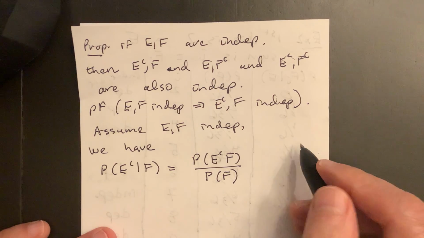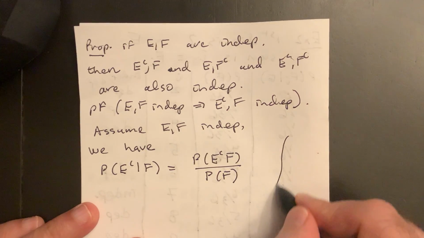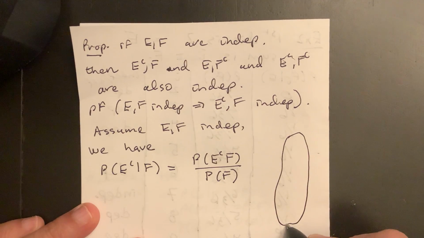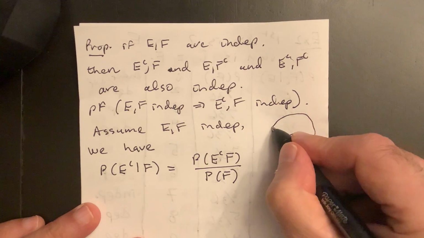But E^C F can be written using the axiom about how mutually exclusive events are additive.